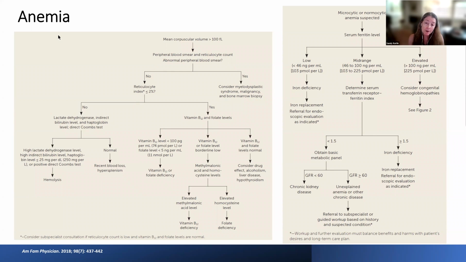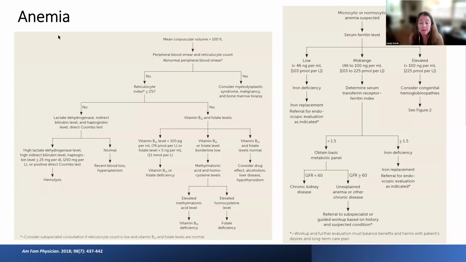Now, when to refer to hematology if you're in primary care is really dependent upon your level of comfort with working this patient up. So we get a lot of patients where they've done some preliminary workup and others where they have not. And so it's just important to evaluate how much has been done so far and where you need to pick up if you are a person that's seeing these patients for a hematology consult.